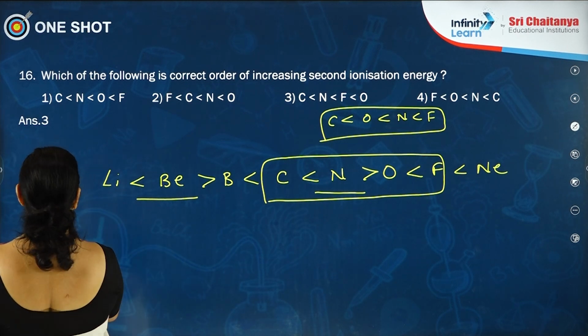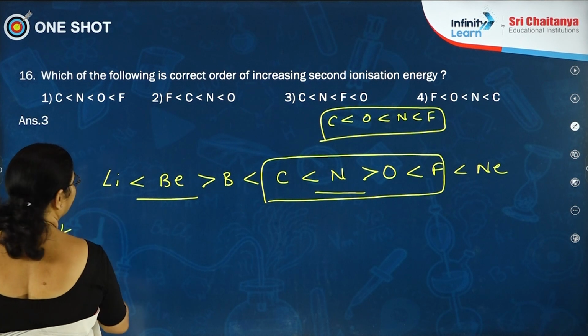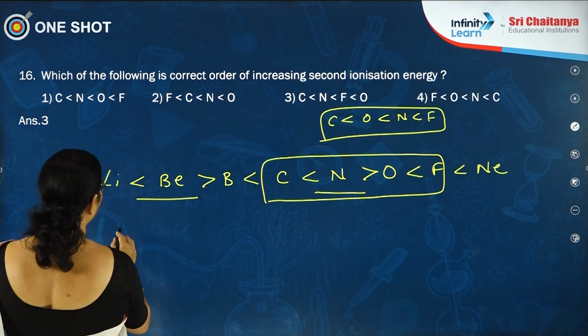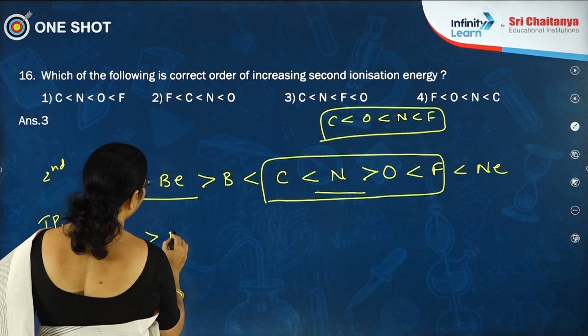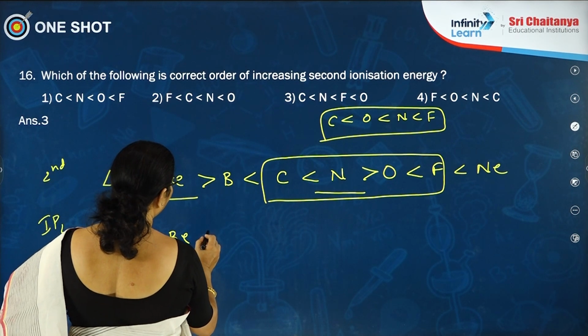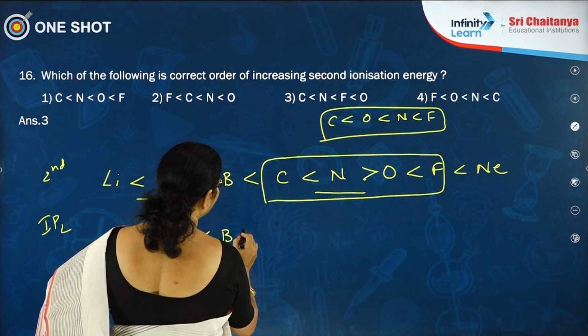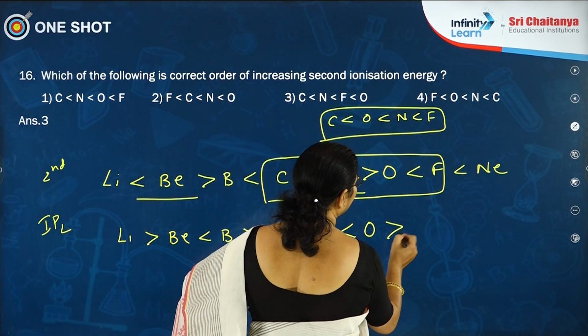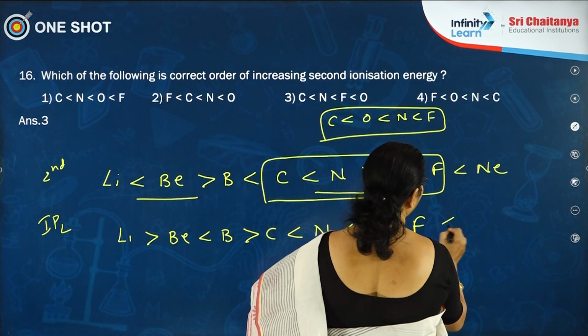Clear? Next one, if you consider IP2 order, now see, lithium is greater than beryllium because it gets helium configuration. Beryllium is less than boron, greater than carbon, less than nitrogen, less than oxygen. Oxygen is greater than fluorine, less than neon.